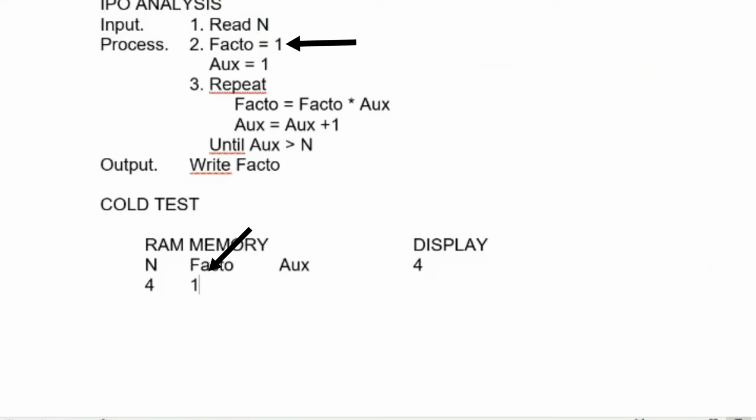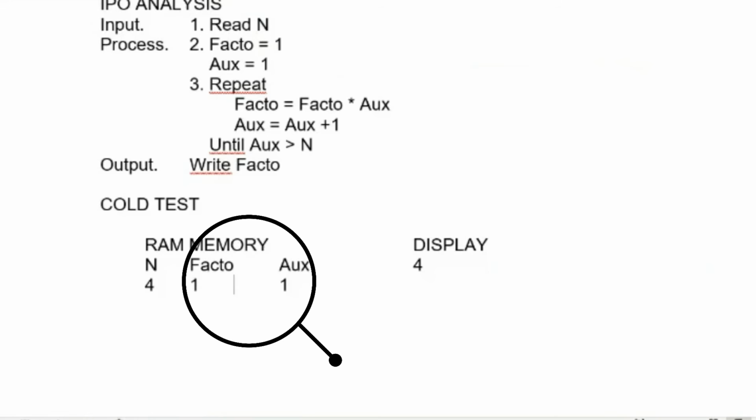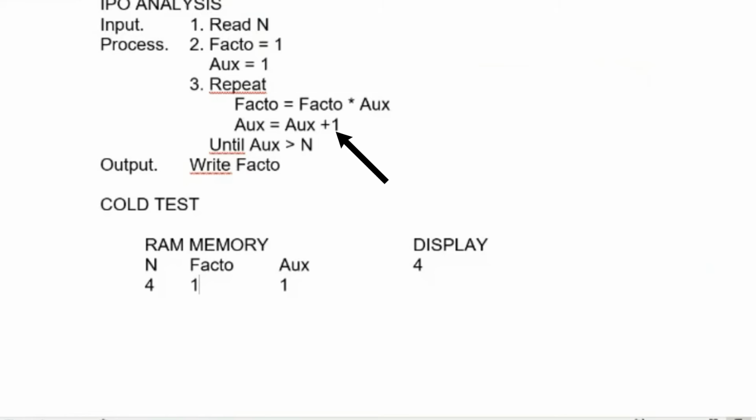Then step number 2, factor is equal to 1. Then outs is equal to 1. Now step number 3, repeat. Factor is equal to factor by outs. That means 1 by 1 is 1. Okay. Outs is equal to outs plus 1.